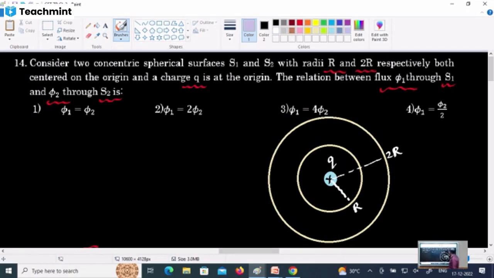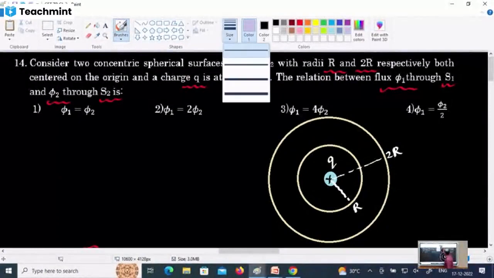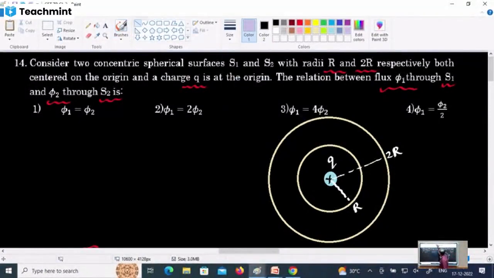So the electric field lines of this will definitely go out. These are the electric field lines due to a point charge. And because electric field lines go out of these surfaces, there would definitely be electric flux.